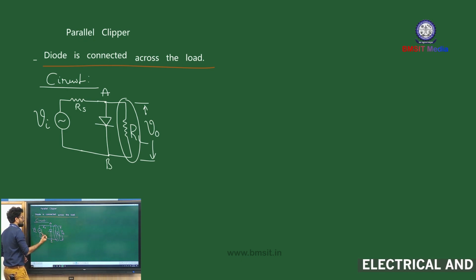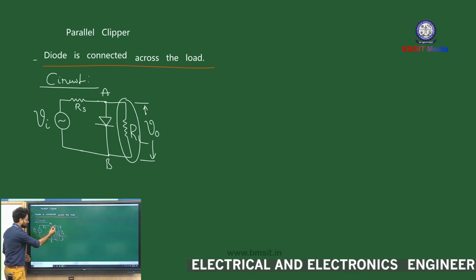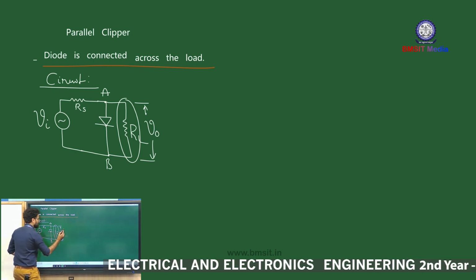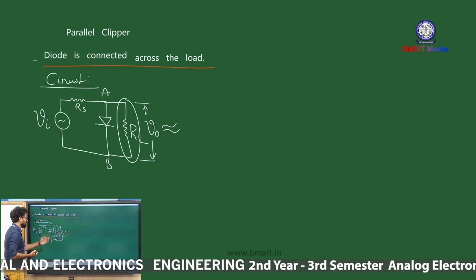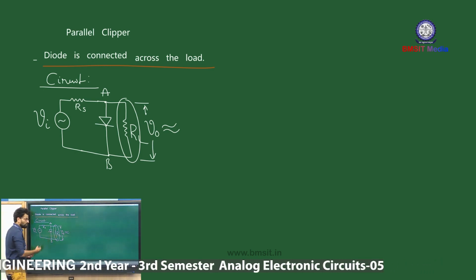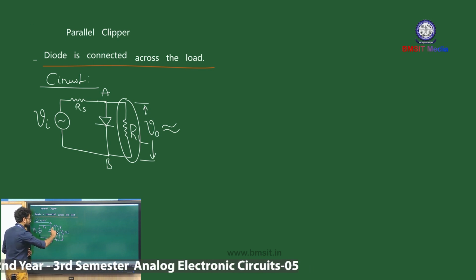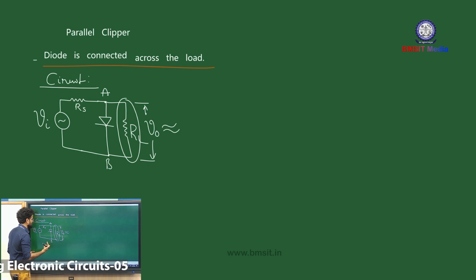That's because load resistor RL is directly placed across the points A and B, and that's why in most of the standard textbooks you don't find the load resistor. What you have to understand is that even if there is no load resistor, the output voltage V0 is extracted right across the load terminals.